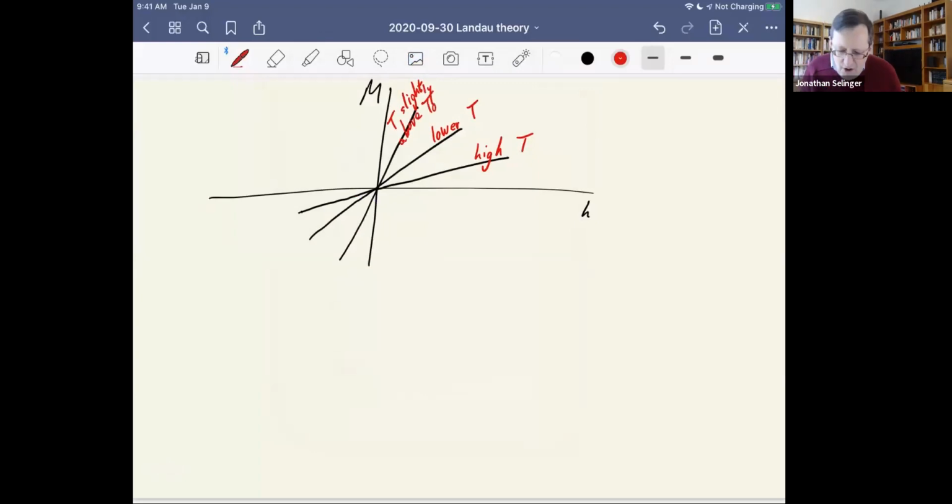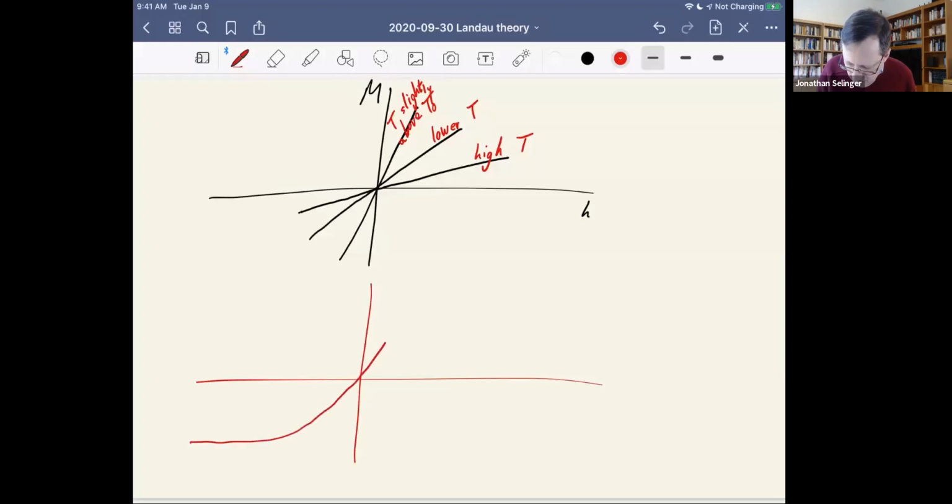Okay, so this is the same kind of thing that we saw when we were doing the mean field theory, right? Remember when we were looking at M as a function of applied field, right? We had plots that looked like this, right?